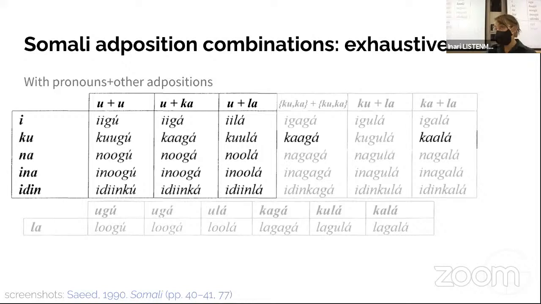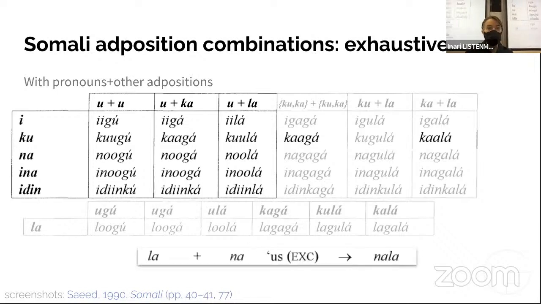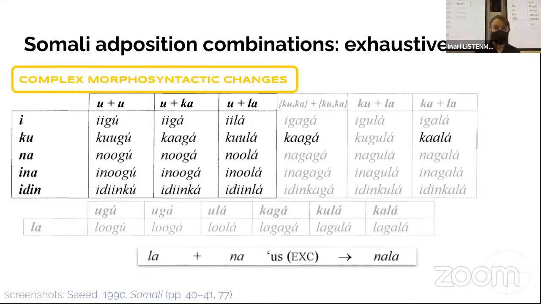And then actually it's not just the u, it's also the ku, which makes this kaga to be a long, and kaala here. And then there's other stuff, like two morphemes can change place. This is from another table with the impersonal subject. So I would classify this as complex morphosyntactic changes.